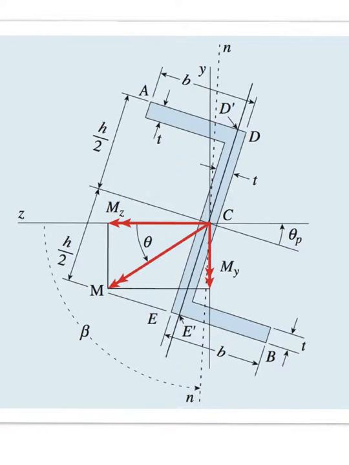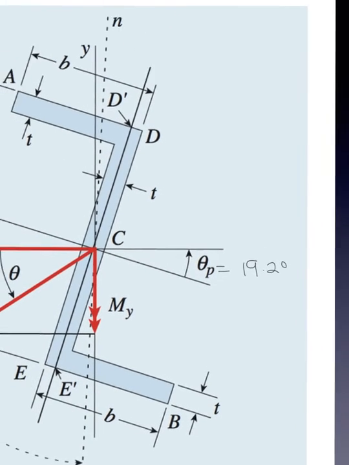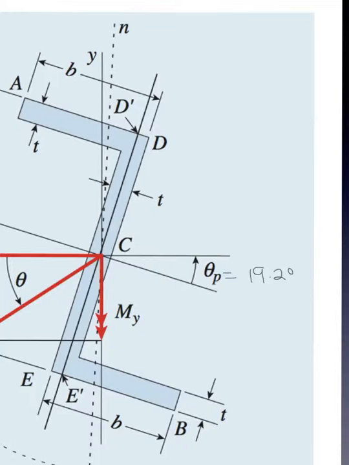Now, let me just illustrate what I'm talking about quickly. The first thing that we need to know is, since we've calculated our theta p, we know that theta p is equal to 19.2 degrees. We also know that this angle here is supposed to be 90 degrees.